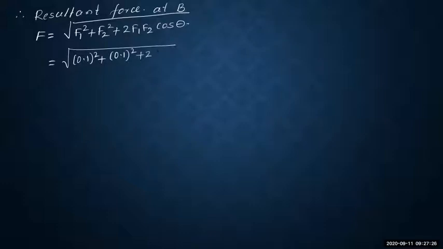So now once we know theta, very easily we can go to the resultant force. Therefore, the resultant force at B is equal to, F is equal to square root of F1 square plus F2 square plus 2F1 F2 into cos theta. Now you substitute the values. F1 is 0.1, F2 is also 0.1 Newton, plus 2 into F1 F2, again 0.1 into 0.1, and cos of 120 degree.